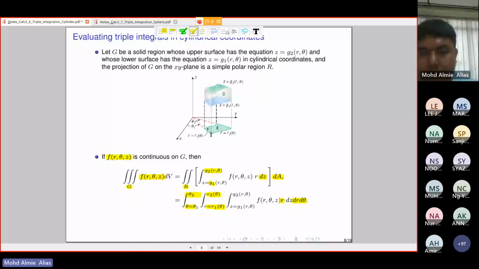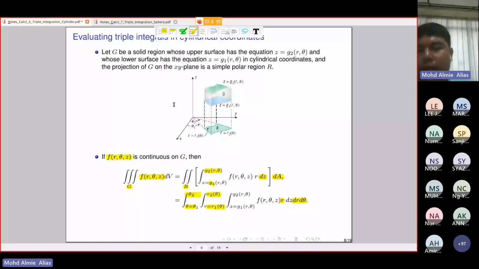So you have this. But it's possible that the question gives you a different kind of solid or setup in which the projection is not on the XY plane, but on the YZ plane or XZ plane.